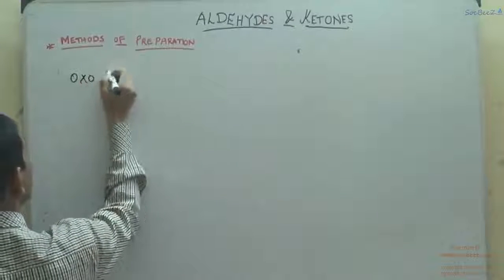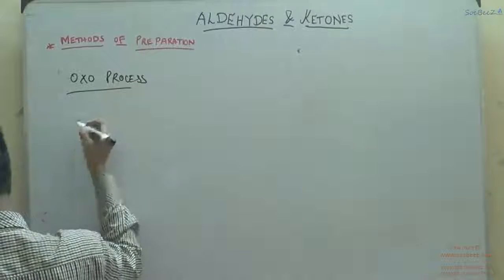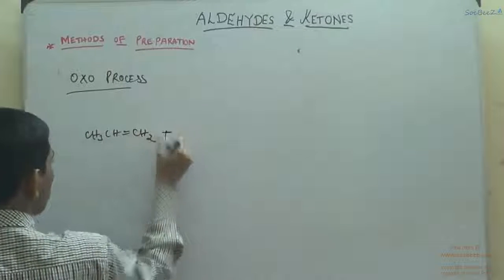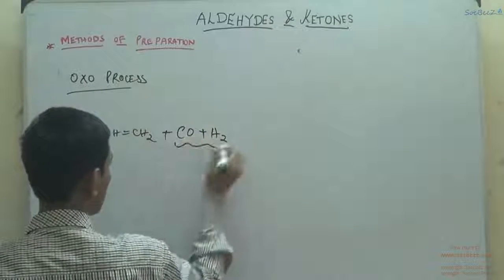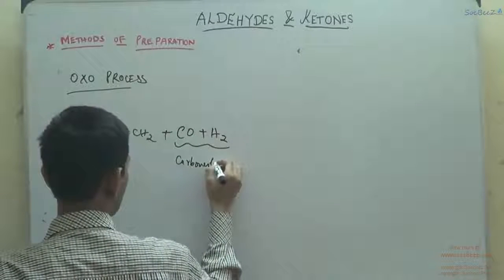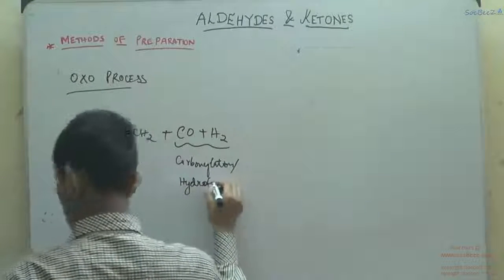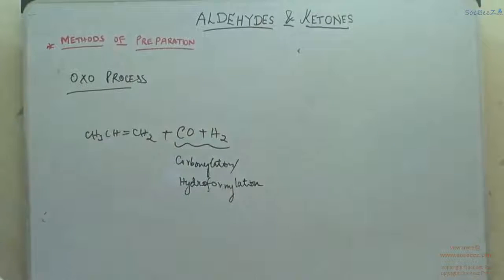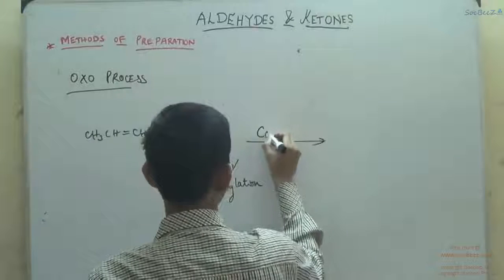Now, you know the oxo process, revision from alkenes. So I am taking an alkene. The reagent is carbon monoxide and hydrogen. So this is carbonylation or hydroformylation, and the catalyst is what?